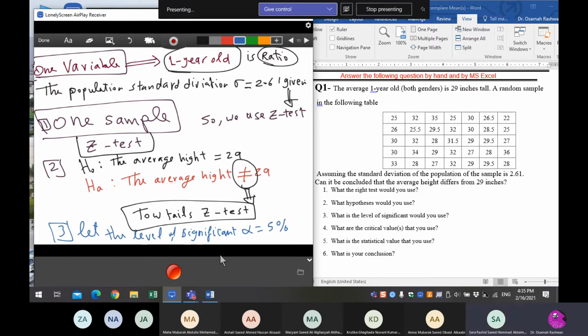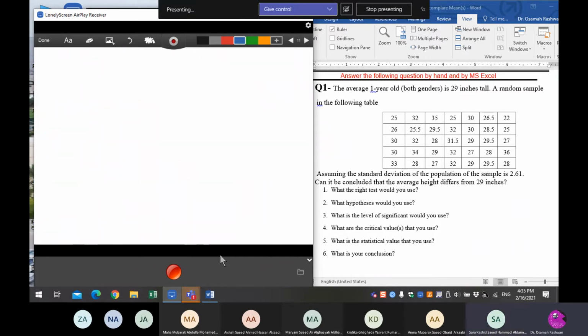These are the three options when you are using the table. But when you are using software, you can choose any alpha: 1%, 2%, 3%, 4%, whatever. Catch it? Okay, now we have the screenshot for this one because I'm going to the next page.